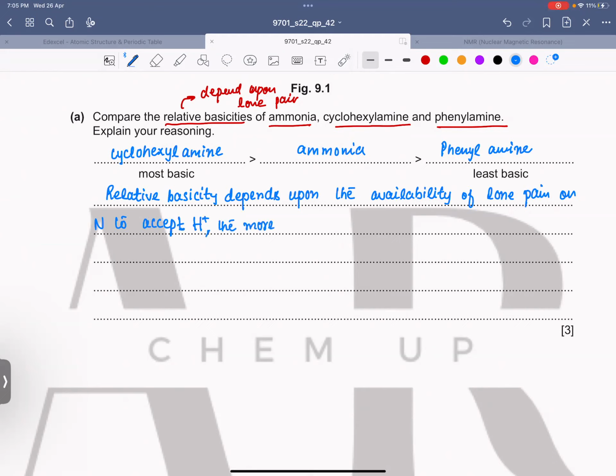The more readily it accepts H positive, the more basic it is. Are these 2 points understandable to everyone? Yes, sir.